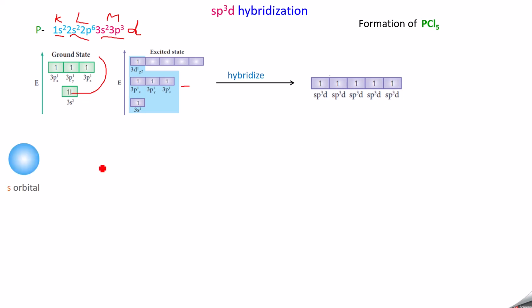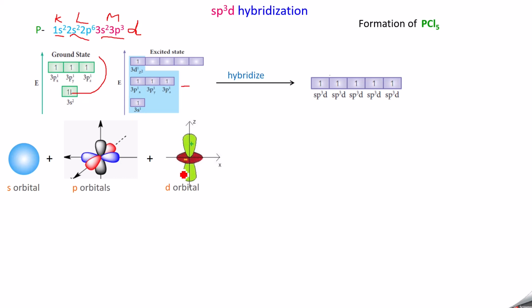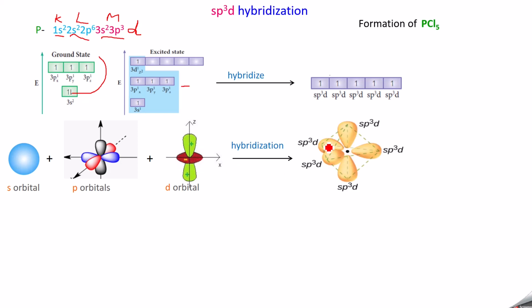You can explain this with the help of this diagram. You take one s orbital and then 3 p orbitals. All the 3 p orbitals are perpendicular to each other: px, py and pz. Next you have one d orbital, which can be dz squared. These orbitals undergo hybridization to form 5 sp3d hybrid orbitals.